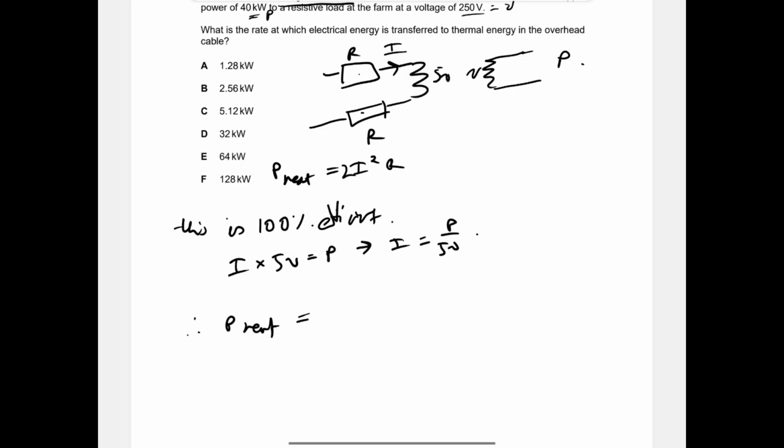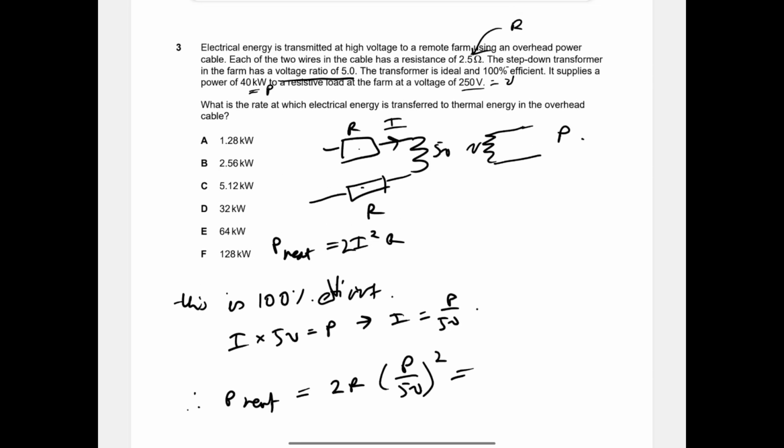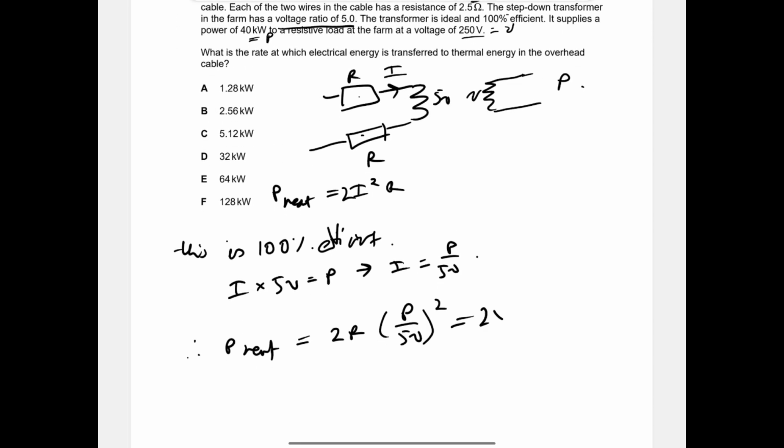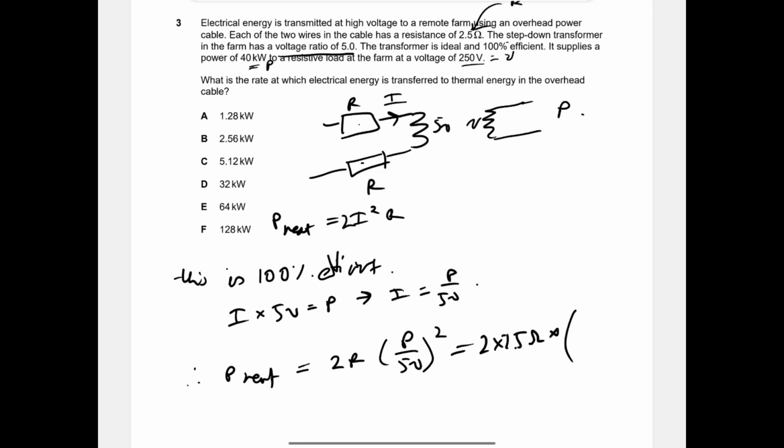So what's this? P heat is going to be 2R times P over 5V squared, which is going to be 2 times 2.5 ohms times P, which is 40 kilowatts, 4 times 10 to the 3 watts, over 5 times 250 volts, squared.